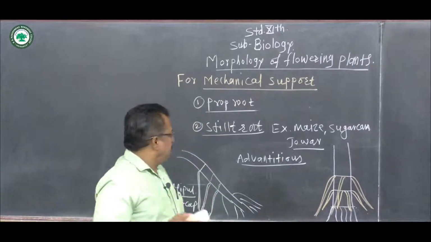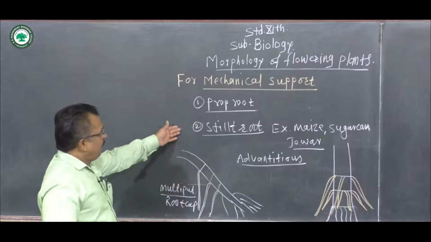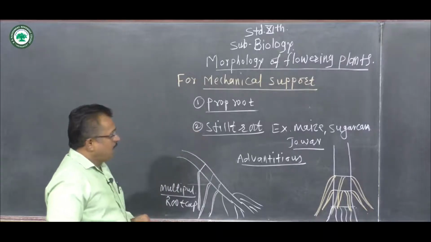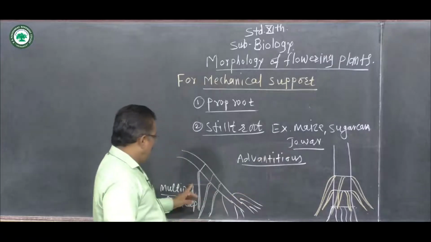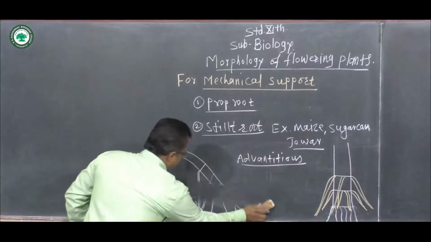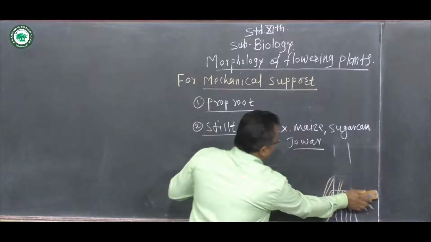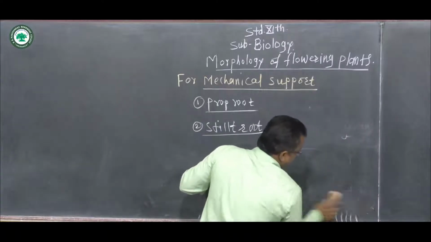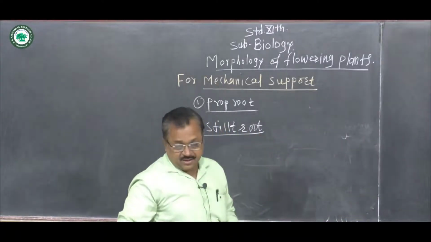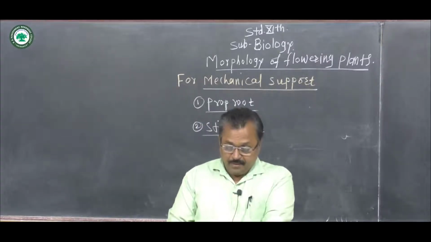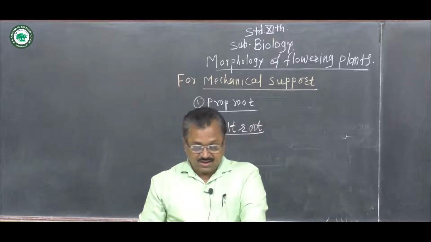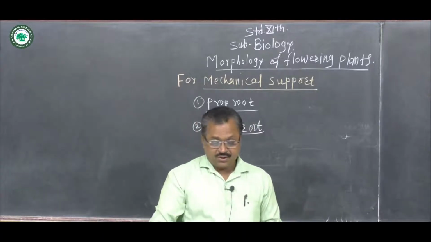Okay, like this, another type of root for mechanical support is the stilt root, in maize plant, jowar plant, or here in Khedkar, for providing mechanical support, as in screw pine or pendulous Khedkar plant.